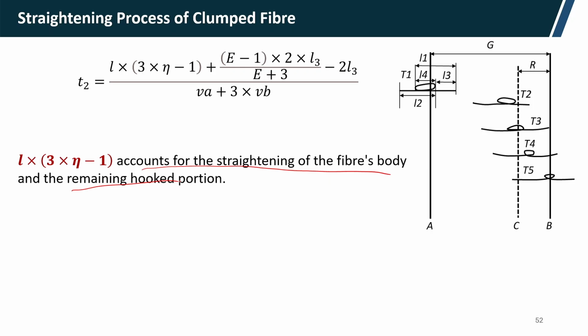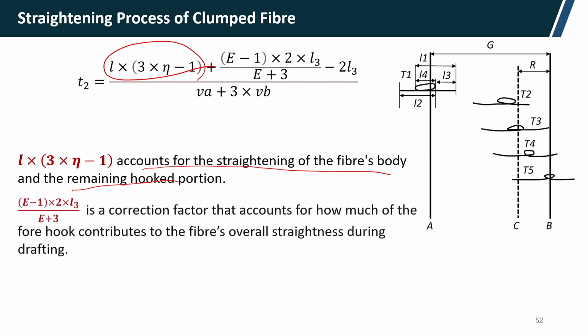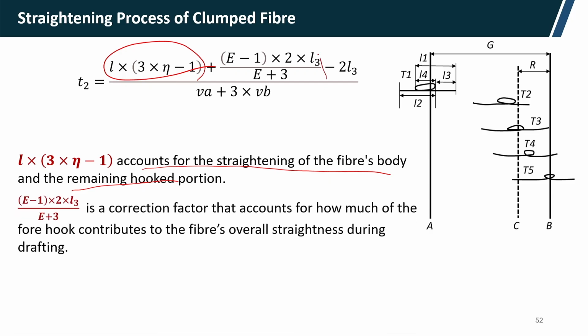That is the time, this L3 multiplied by (3 eta minus 1). And the second part is a correction factor that accounts for how much the forehook, that is the leading hook, contributes to the fiber's overall straightening during drafting.